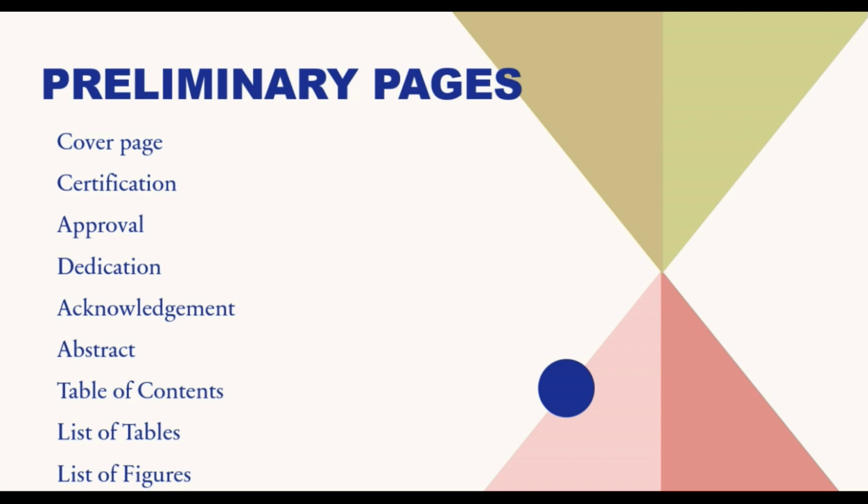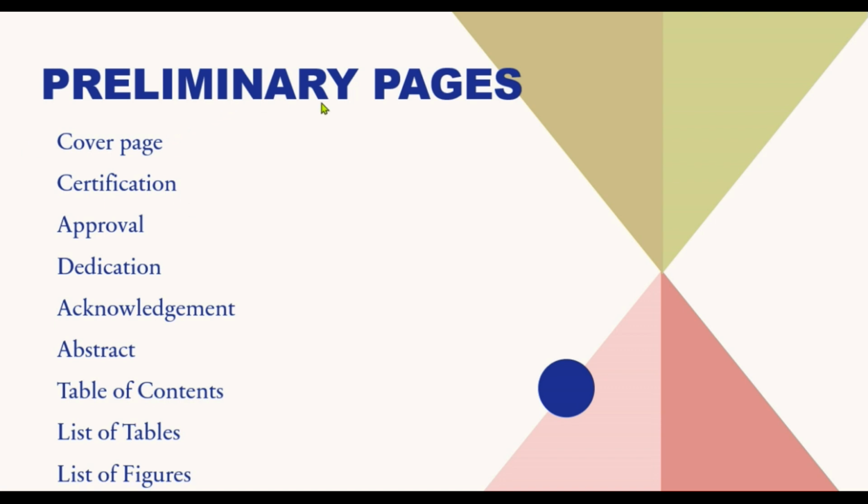It is from the preliminary pages that you now sequence through the next page or pages, and you have to make everything uniform and properly arranged so that you won't have an issue with the examiner or with your supervisor.